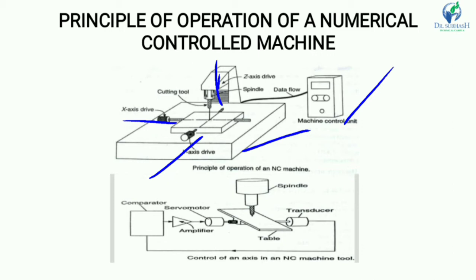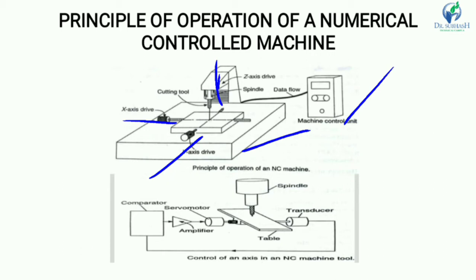The slides are driven by the servo motors through recirculating ball screw and nut assemblies. The use of the recirculating ball screw reduces friction, backlash and wear. The low friction reduces the torque required at the motor and the lost motion through torsional deflection of the screw. The use of ball screws also improves the dynamic response of the system.